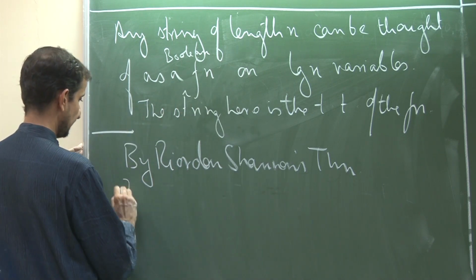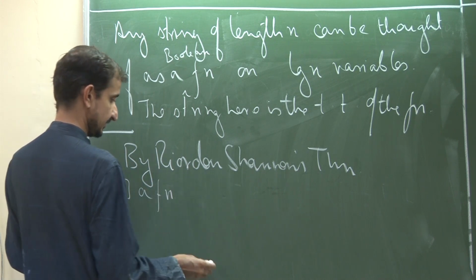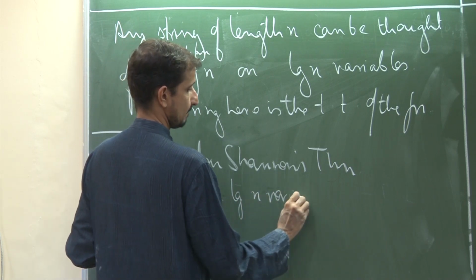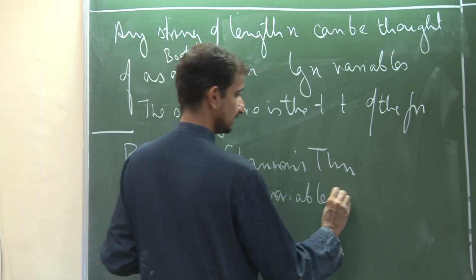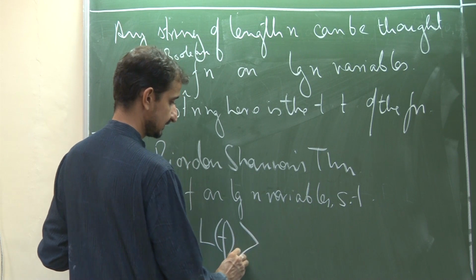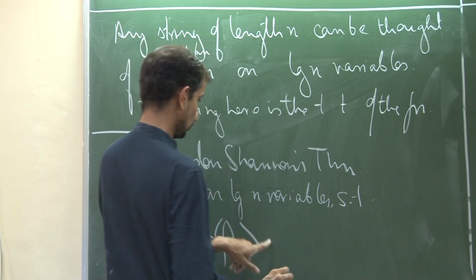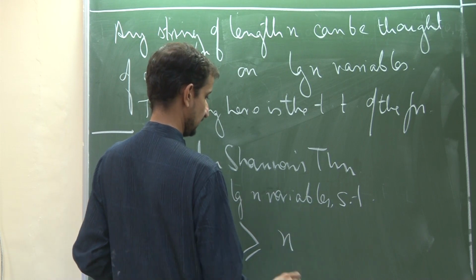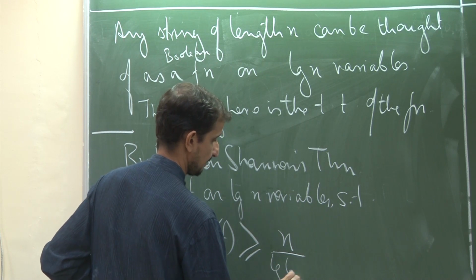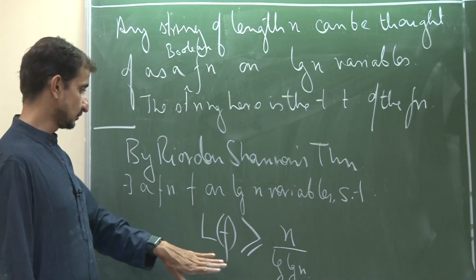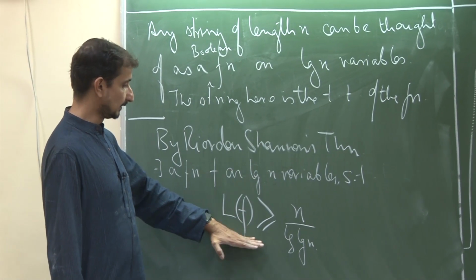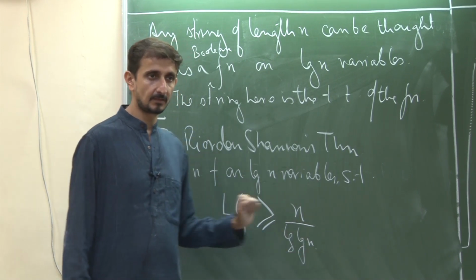By Riordan-Shannon's theorem, there exists a function f on log n variables such that L of f is at least 2 to the power log n, which is n, divided by log of log n, which is log n. So, we know that there is a function on log n variables for which the formula complexity is at least this much. Okay.